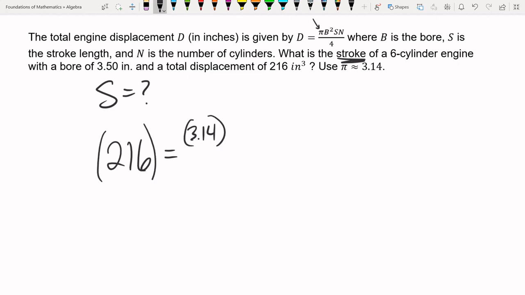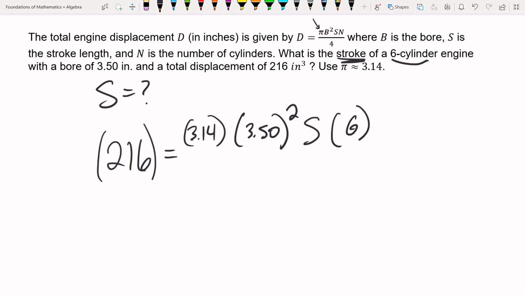I can put that in parentheses as well because I plugged it in. B is going to be 3.50, and that's being squared. We don't know what S is, and we know that N is the number of cylinders, which is a 6-cylinder engine, so N should be 6. This is all over 4.